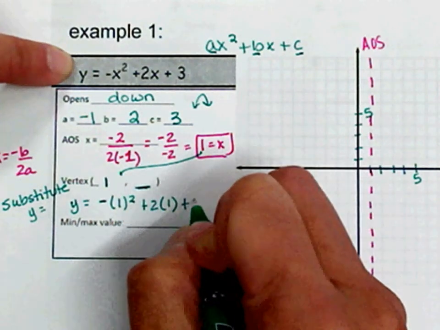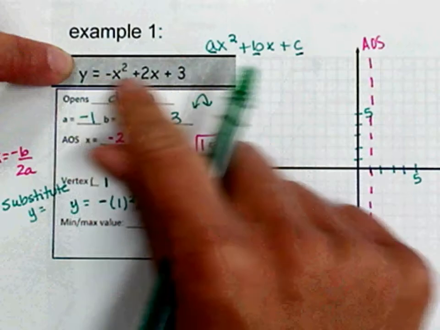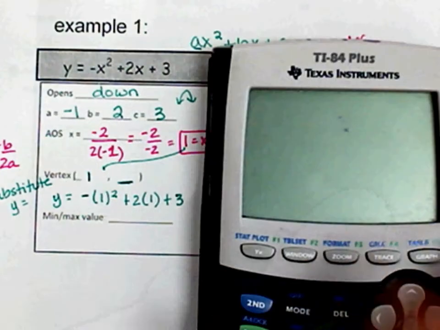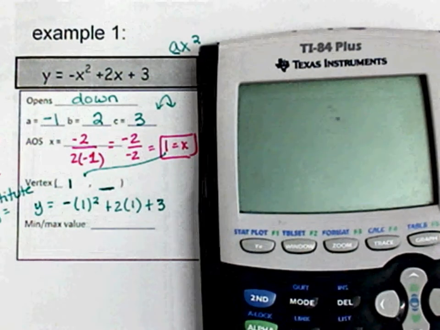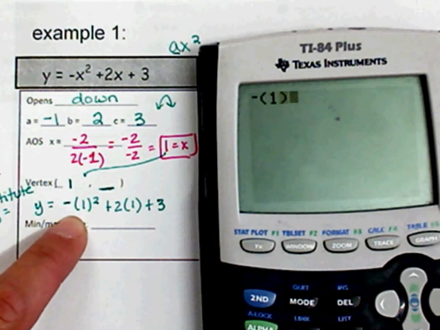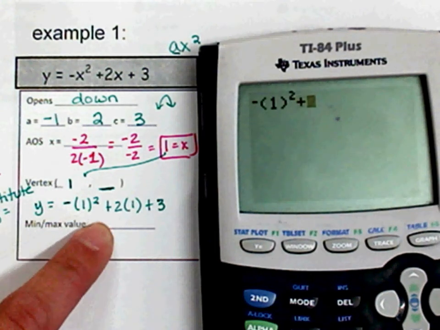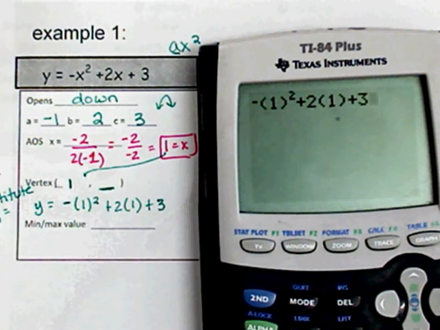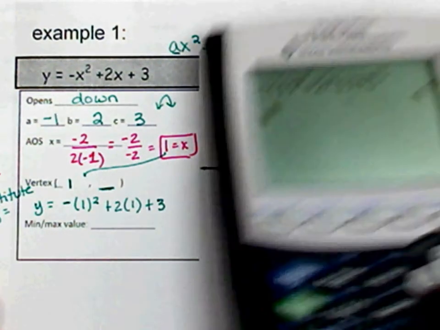So I just plug in for your x. Go to your calculator. Let it do all the work for you. Negative, parentheses, 1, parentheses squared, plus 2 times 1 plus 3. Put parentheses around it, and what do you get? 4. So your vertex is 1, 4.